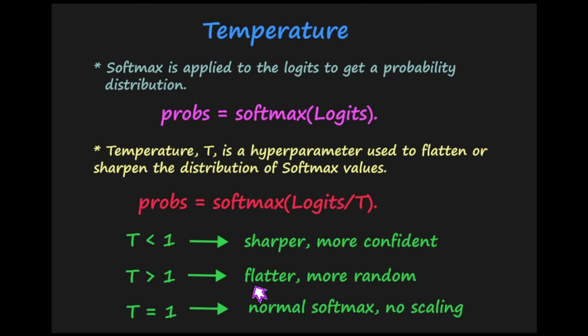If t is greater than 1, they become flatter, more random. Softmax with t of 1, no scaling, is just the same as without t. You apply t before normalizing the values of the logits. So t adjusts the sharpness or flatness of the probability distribution.